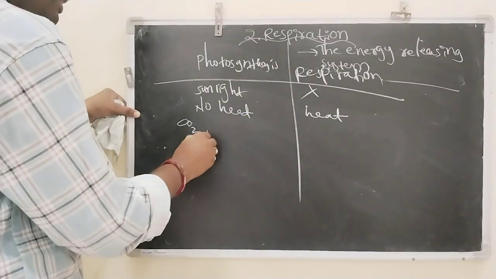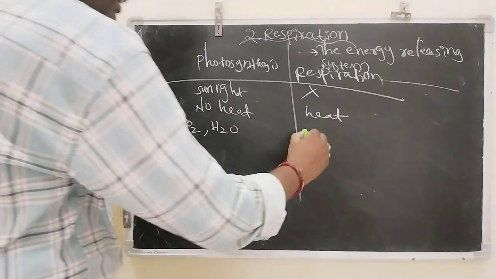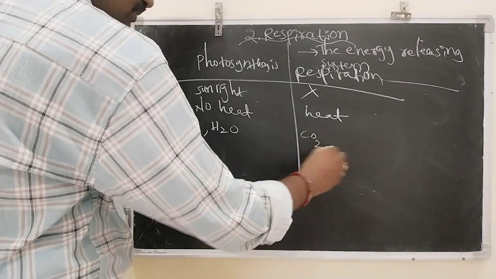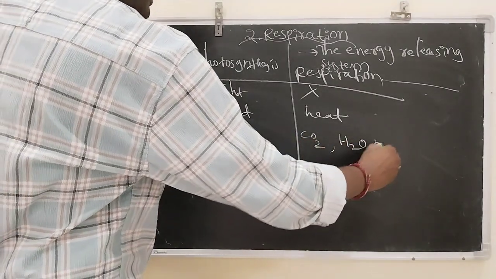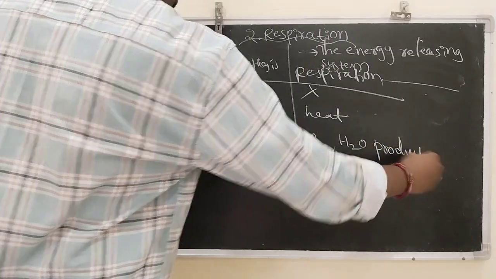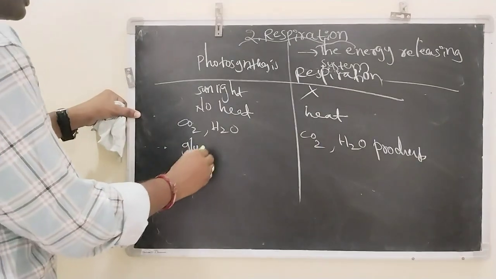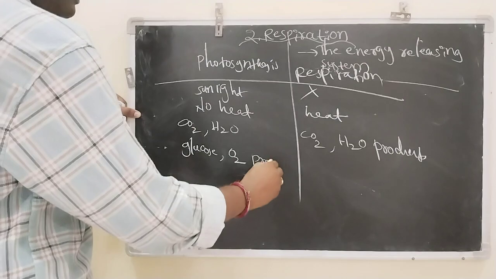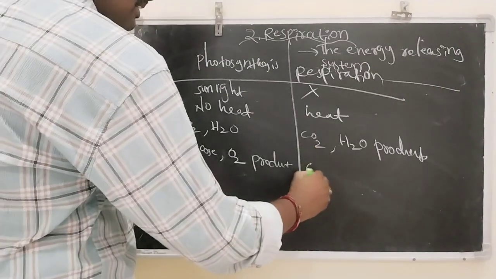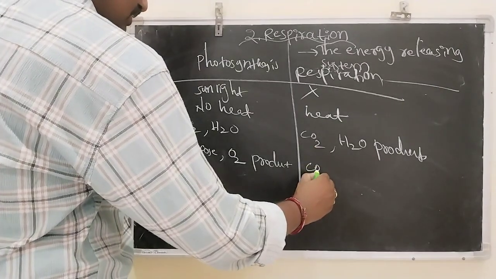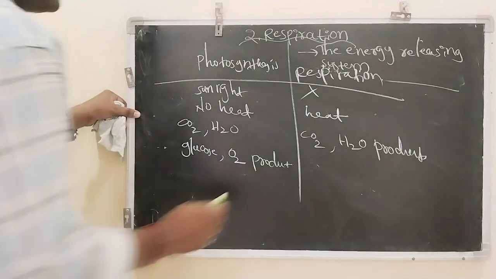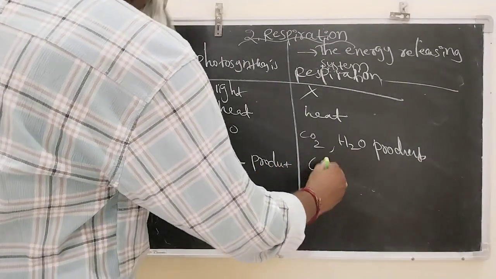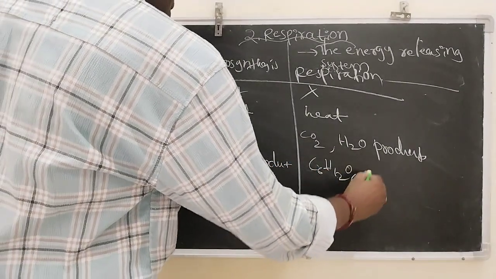Here carbon dioxide and water are the reactants. Here carbon dioxide and water are the products. Here glucose and oxygen are the products, whereas here the reactants are glucose and oxygen.